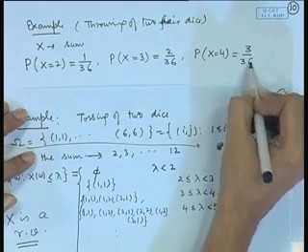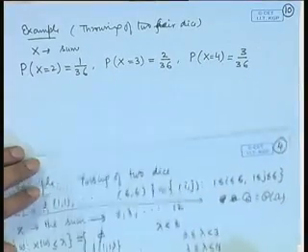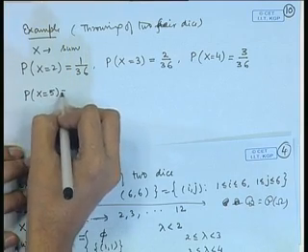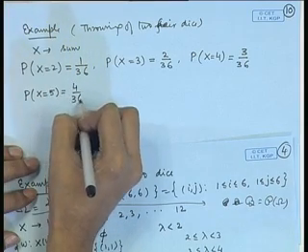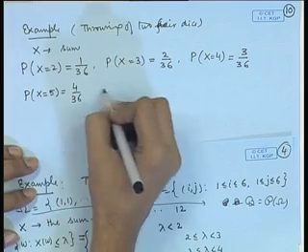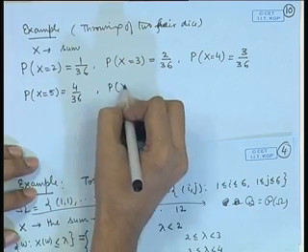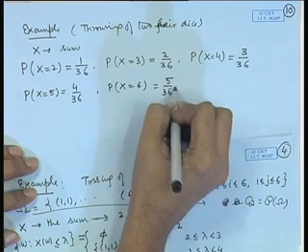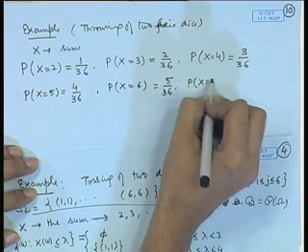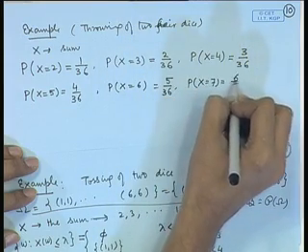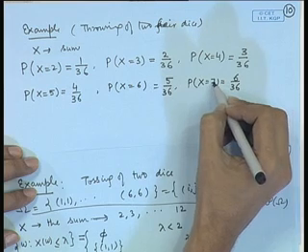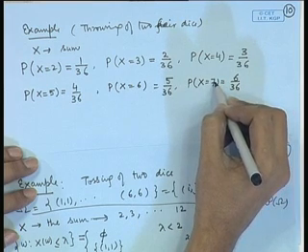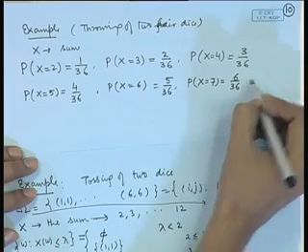So in this fashion we can write down probability X is equal to 5 as 4 by 36. The outcomes will be 1 4, 4 1, 2 3, 3 2. Probability X equal to 6 is equal to 5 by 36. Probability X equal to 7 will be equal to 6 by 36. The favorable outcomes will be 1 6, 6 1, 2 5, 5 2 and 3 4, 4 3.